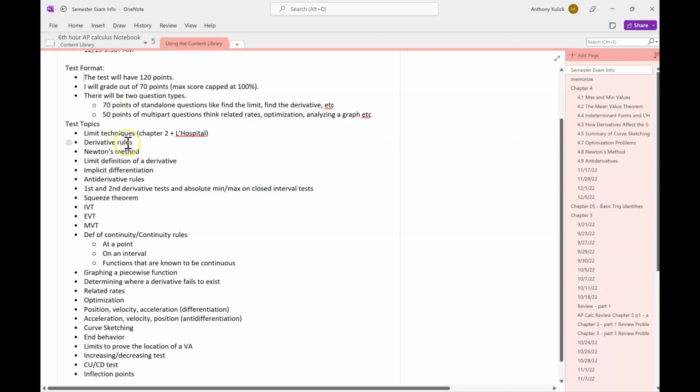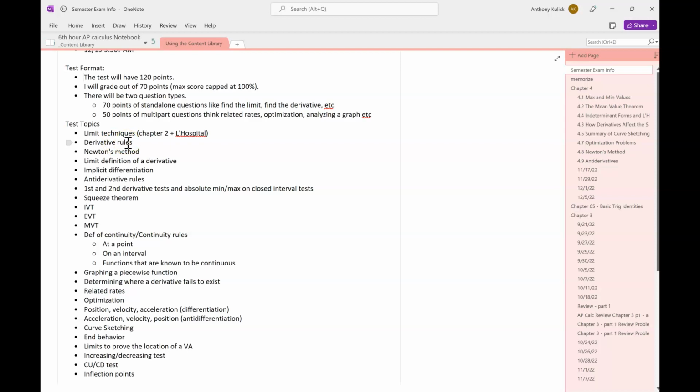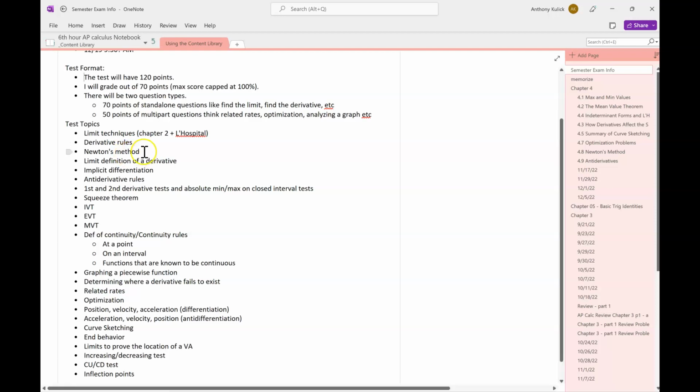You should know your derivative rules, like your sine, cosine, tangent, inverse sine, cosine, tangent, polynomials, exponentials, logarithms. Should be able to remember all your derivative rules, plus the chain, quotient, and product rules. Newton's method, which is what we'll talk about today, so you don't know what that is yet, and the limit definition of a derivative.